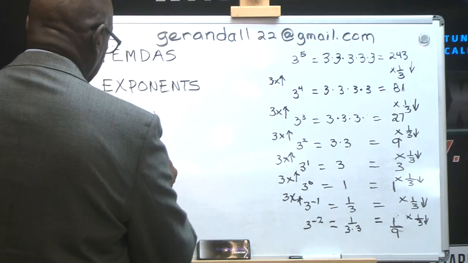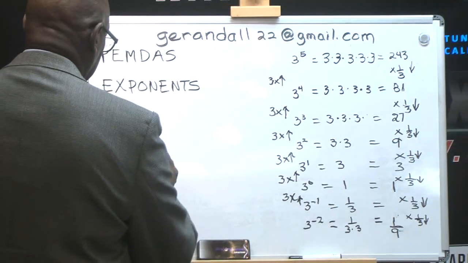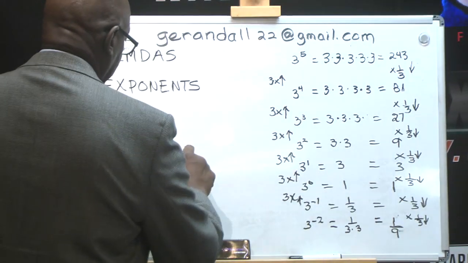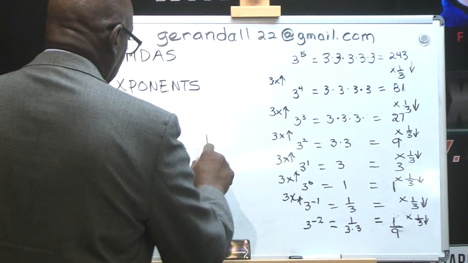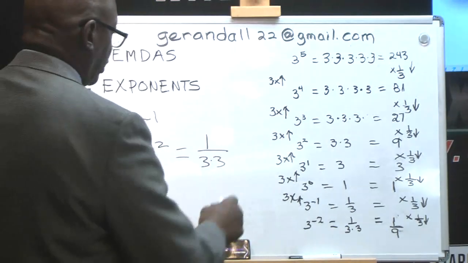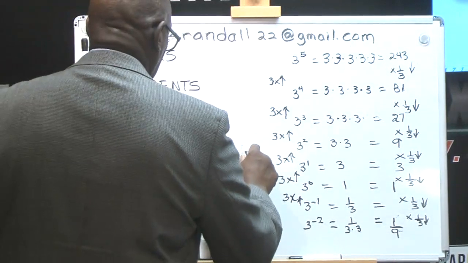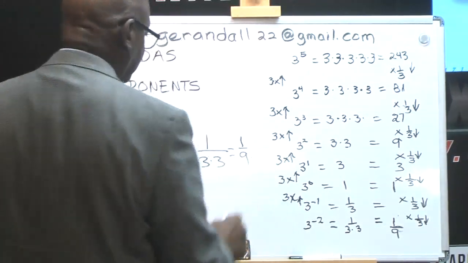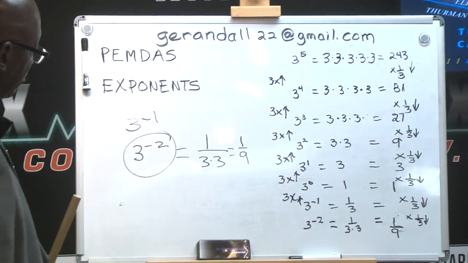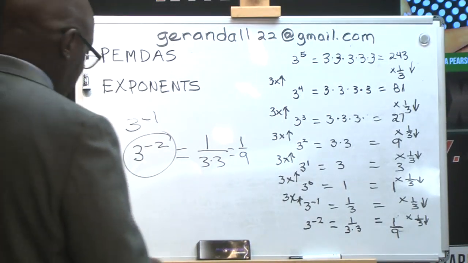First, I'm going to look at 3 to the negative 2, and the way we rewrite that is 1 over 3 times 3, which is, in this case, 1 over 9. We don't want to express an exponent as a negative power. So now let's look at this.